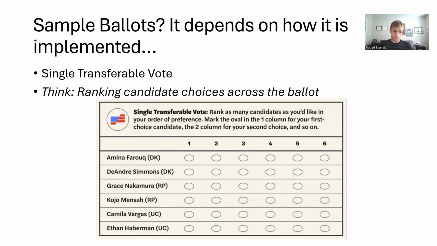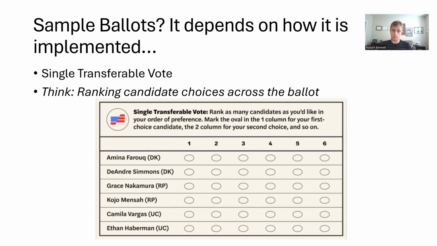Another example of how it works, and this is one I probably lean most in favor of, is a single transferable vote. So, in other words, you're ranking candidate choices across the ballot, and you can rank as many candidates as you'd like in the order of your preference. So you would have choice 1, 2, 3, 4, 5. You go all the way up to 6 in this example.